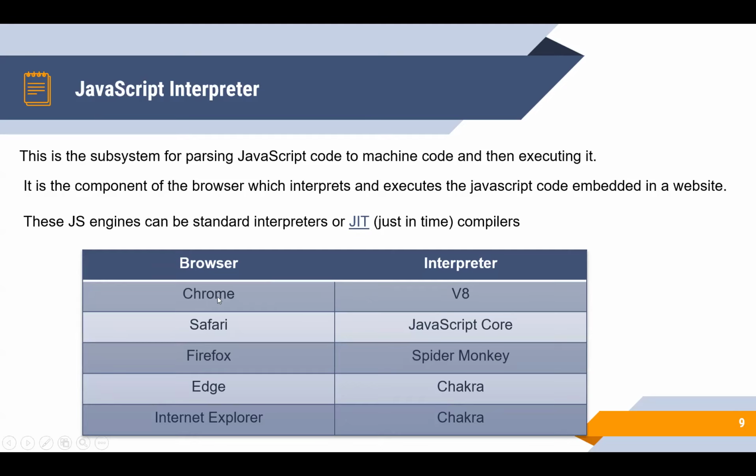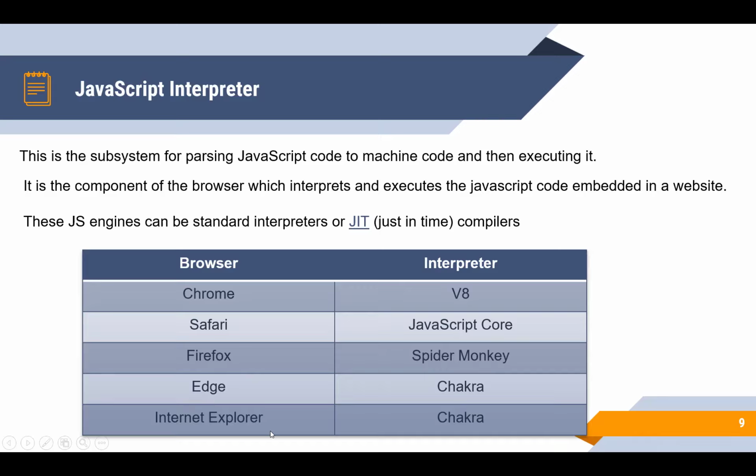In Chrome we have an interpreter, and its name is V8. In Safari the interpreter name is JavaScript Core. In Firefox, the interpreter name is SpiderMonkey.